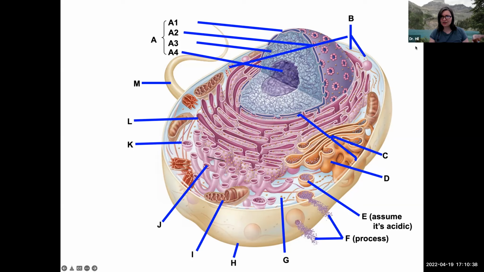Okay, I'm going to ask Surmeet, what do you think is G? I believe it is ribosomes. It is a ribosome. All right, H. For H, I'm going to ask Sarah, what's H? The plasma membrane. Yes, plasma membrane.